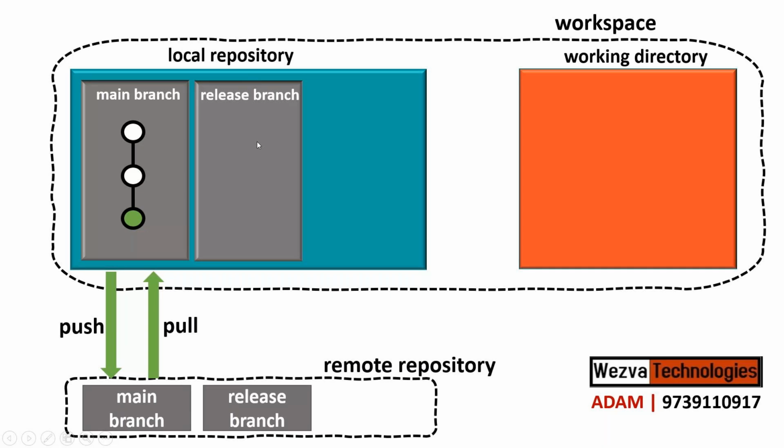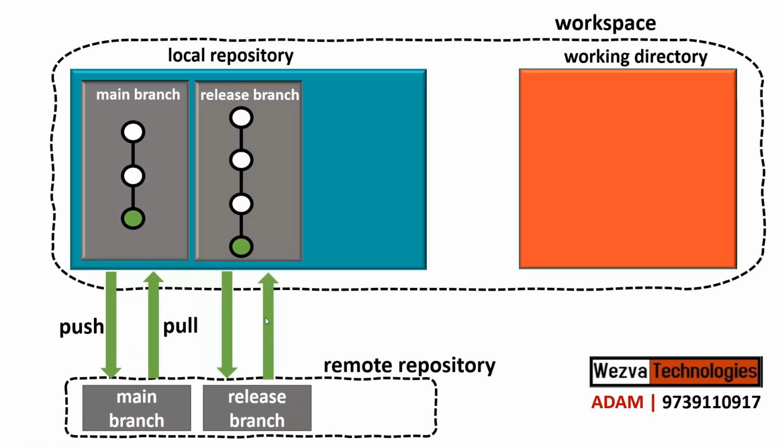Not only that, if a user wants to work on another branch, like the release branch I'm showing in the diagram, then you can choose that branch to work on in your local workspace, and any commits you make will be stored specifically in this branch. In the same way, when you push or pull, it will be from this particular branch to the same branch on the remote repository.